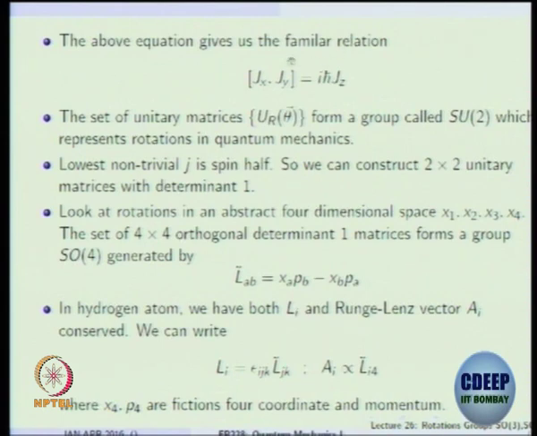Now comes this, the lowest angular momentum you can have is a non-trivial one. Spin 0 is a trivial one, right? Why is it a trivial one? It goes as if you don't see it, right? If you try to take a spin 0, you can write it as a 0 element 1 by 1 matrix. There is nothing non-trivial about it.